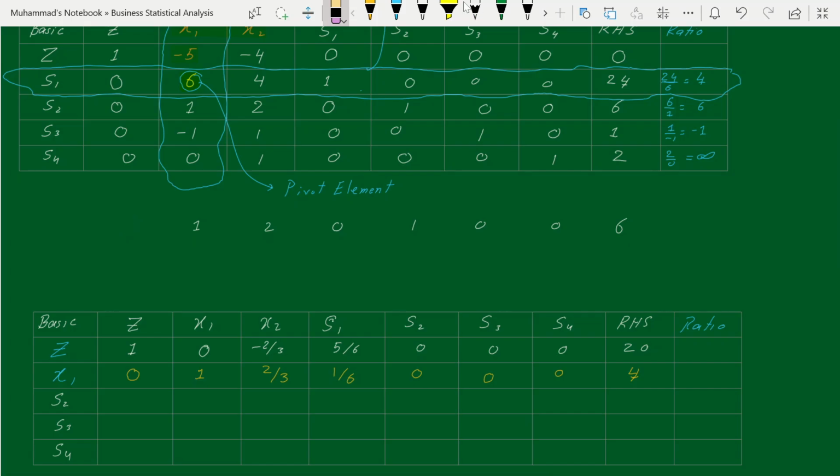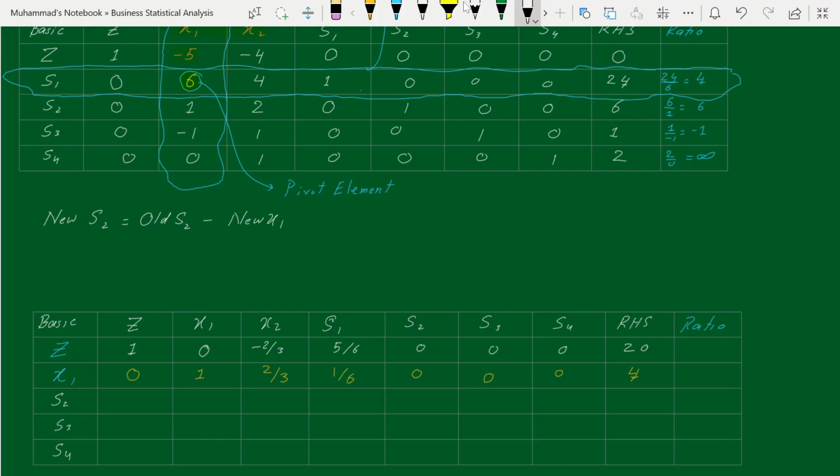Okay, so hold on. Let's write down the operations first, which operation we should perform. So the new S2 will be equal to, since we want to make it equal to 0, old S2 minus new x1.